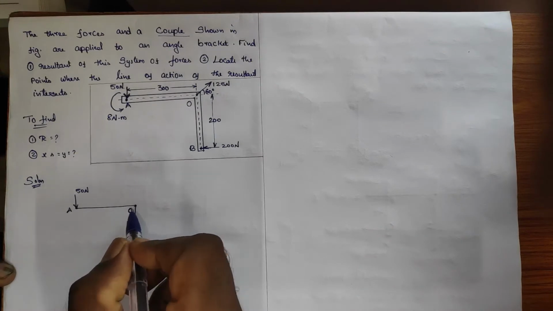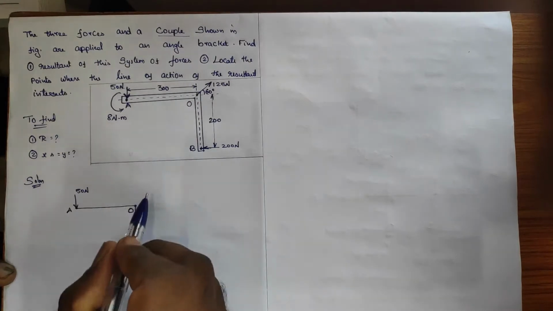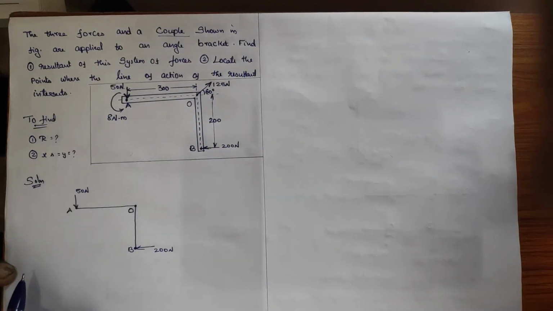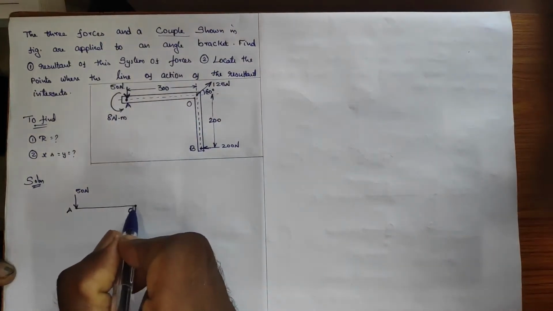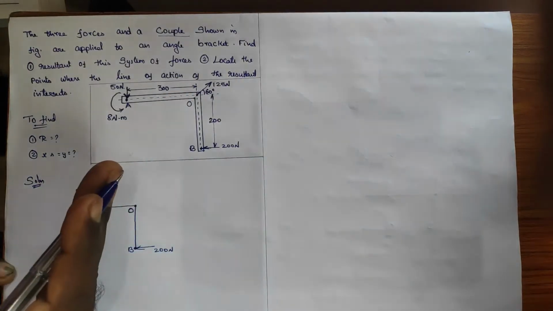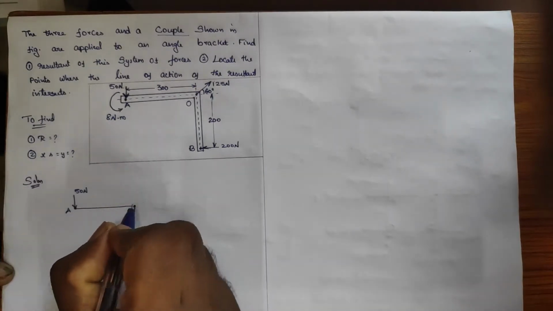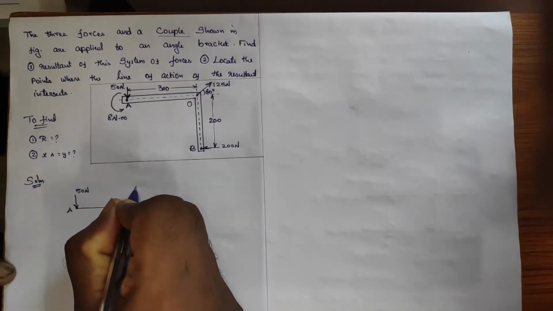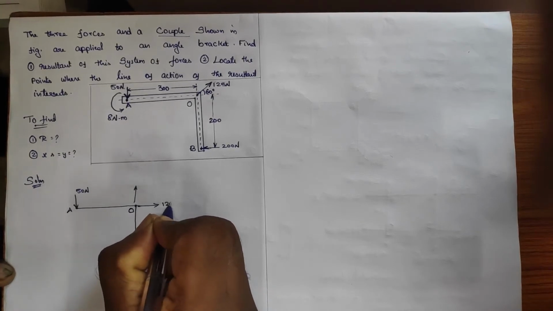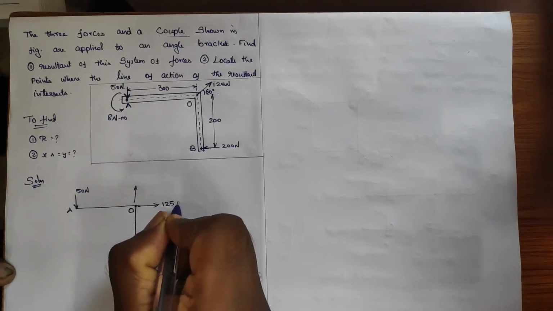And here is the inclined force. If we come across an inclined force, it is partially horizontal and partially vertical, am I right? Since the force is moving in such a way, I can say it is moving vertically upward and horizontally right side. So here comes the designation of the force 125 Newton.